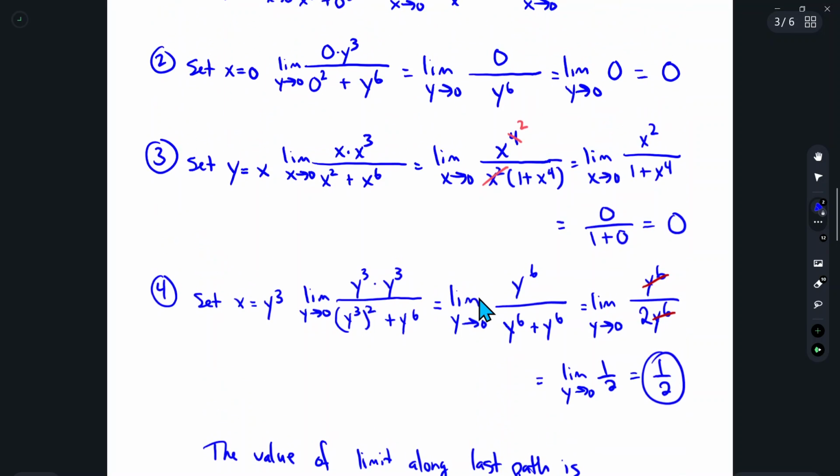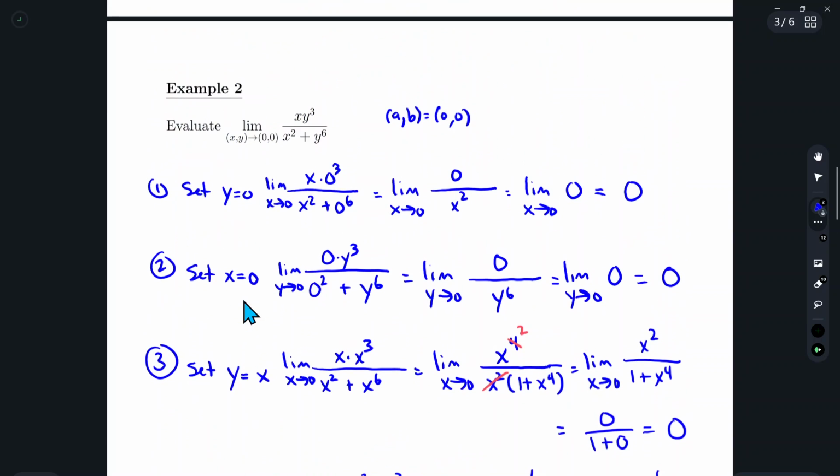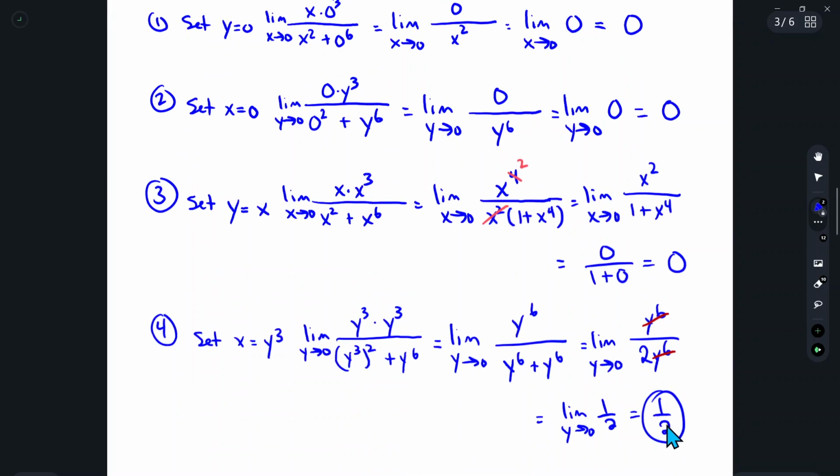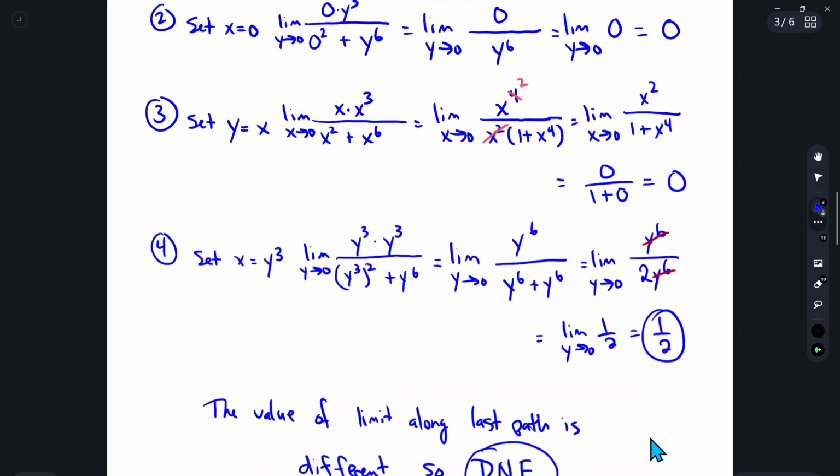Again, this one's a little bit tricky. Here I actually had to think a little bit to figure out the correct substitution to make so that I can obtain a different value for the limit.